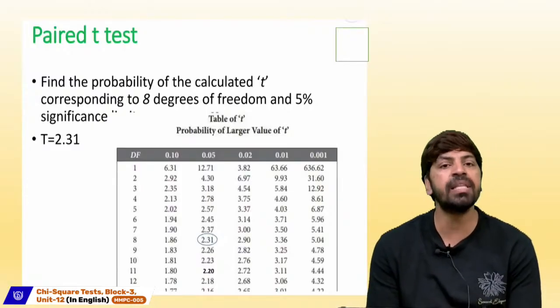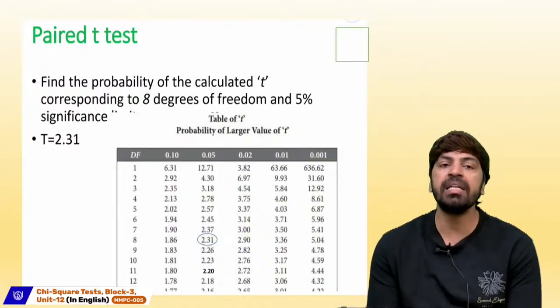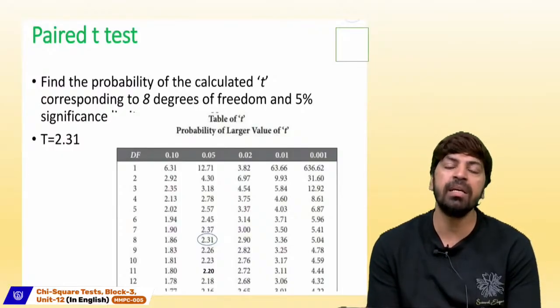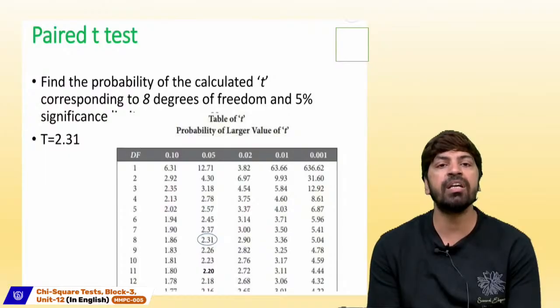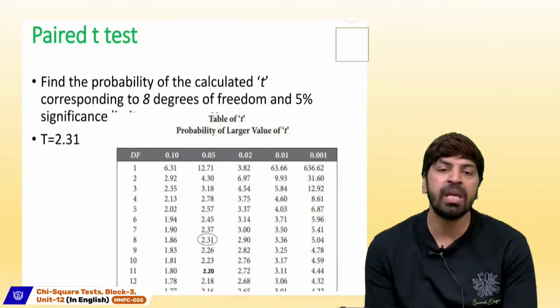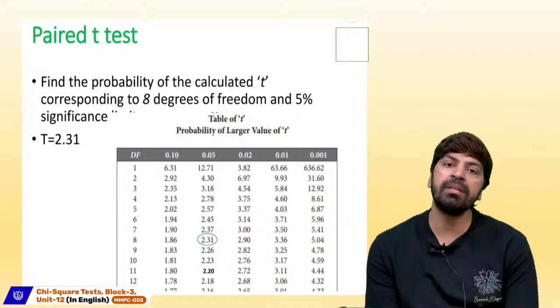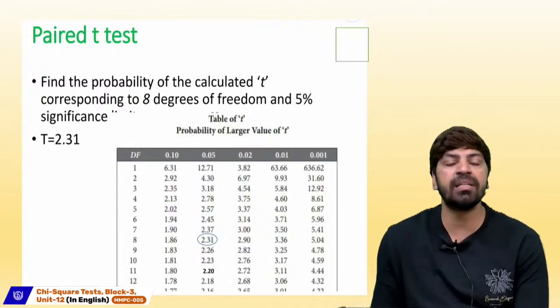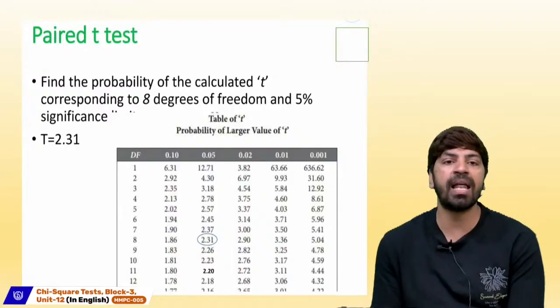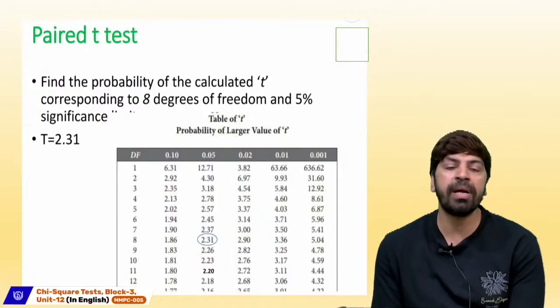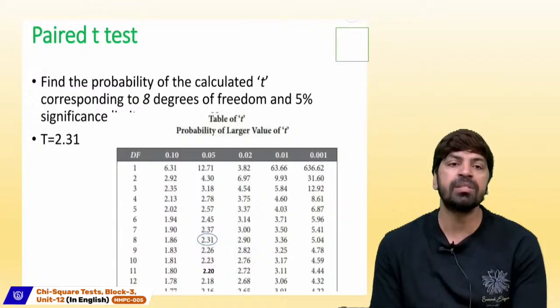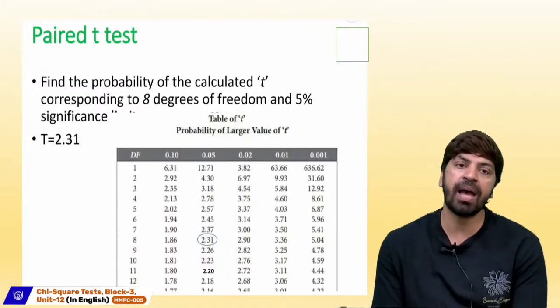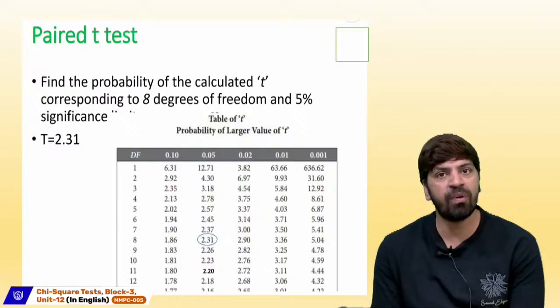So the degree of freedom is 8, and 0.05 is the level of significance. So we have estimated the t tabulated value, that is 2.31.